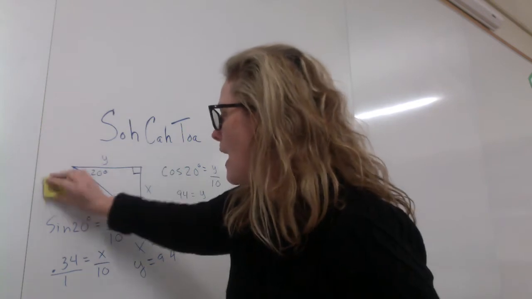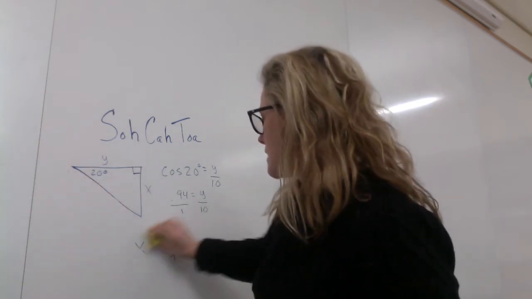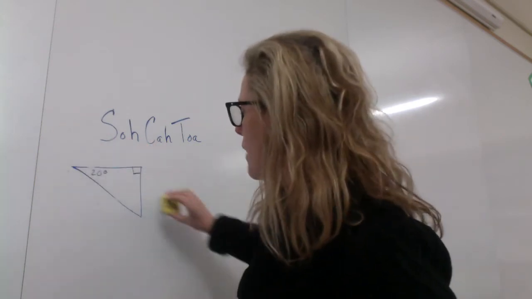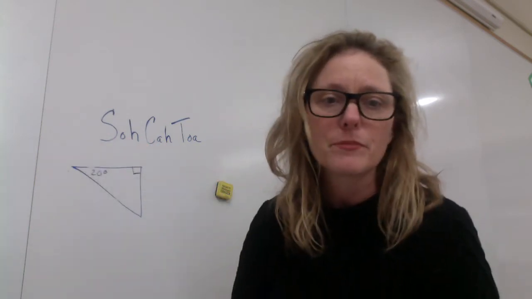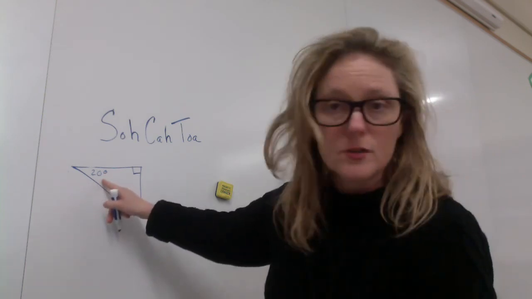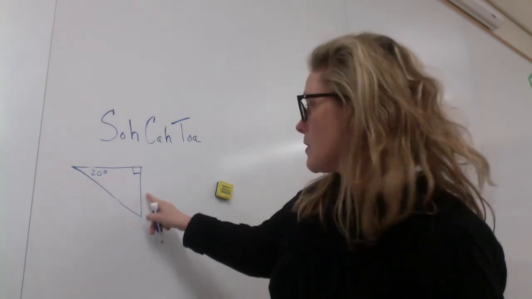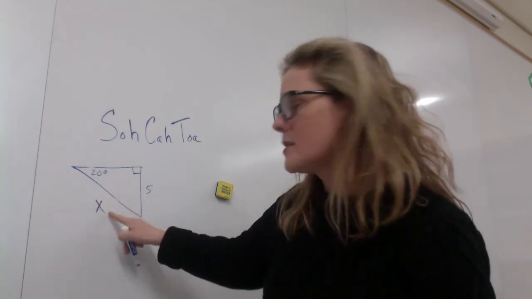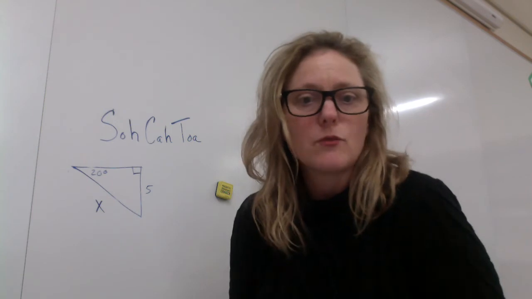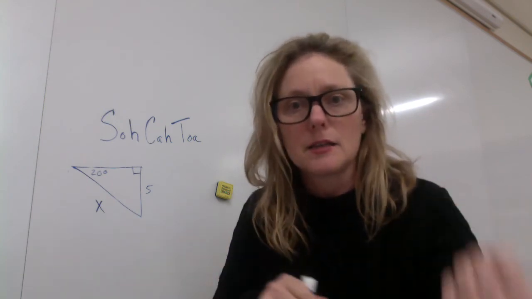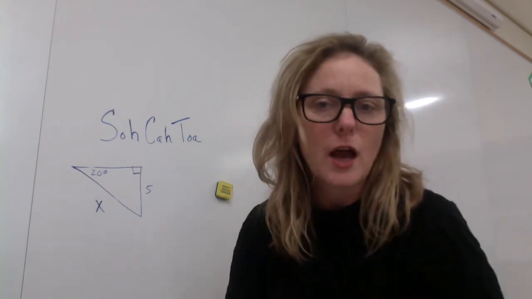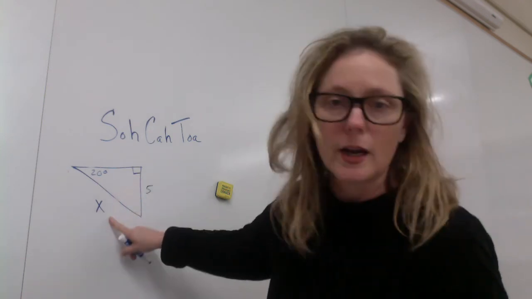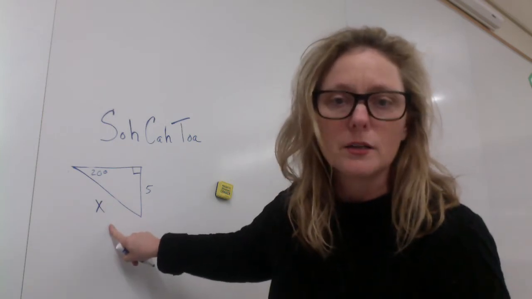So if you have, for example, this same triangle, using this angle, if I'm given that this is 5, but I don't have this length, I'm going to ask myself, is that the side opposite, is it the adjacent, or is it the hypotenuse? The hypotenuse is always going to be across from the right angle. So this will be the hypotenuse.